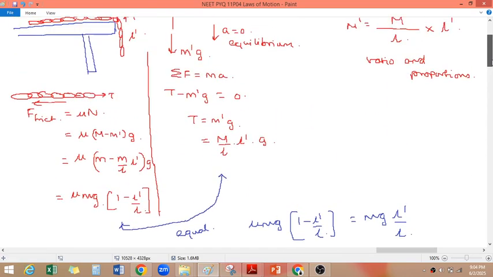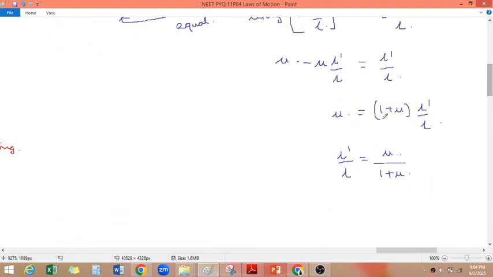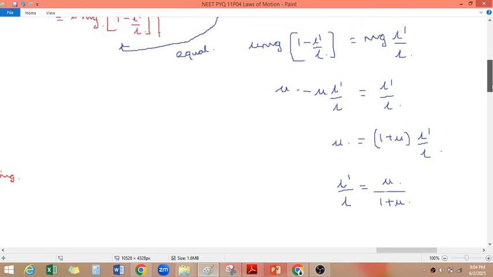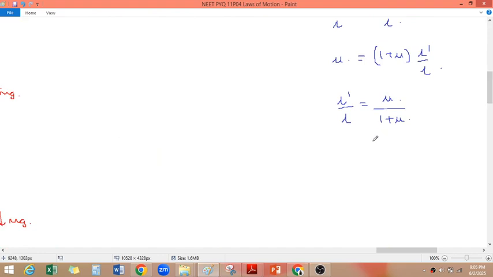But read the question, they asked for the percentage. The maximum fraction of the length of the chain that can hang over one edge of the table. So for percentage it will be multiplied by 100. Mu is 0.25, so I can substitute the value here. 0.25 divided by 1 plus 0.25, which is 1.25. So it will be 1 by 5.